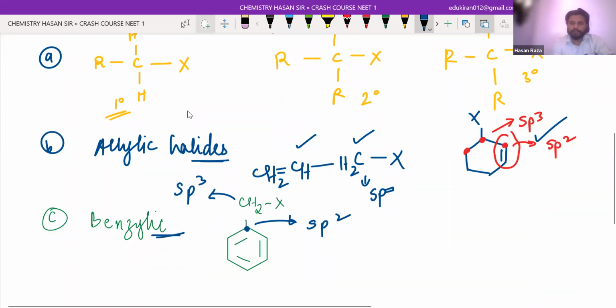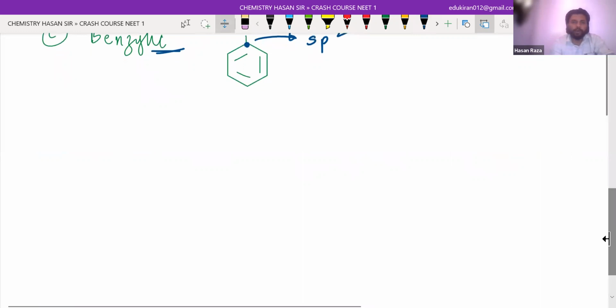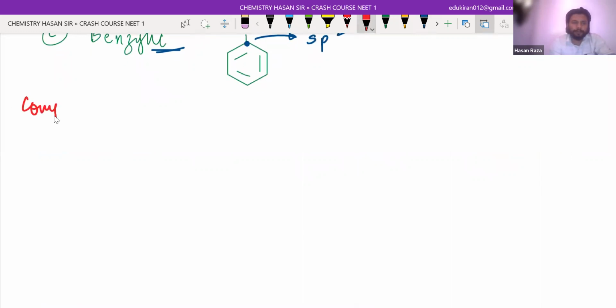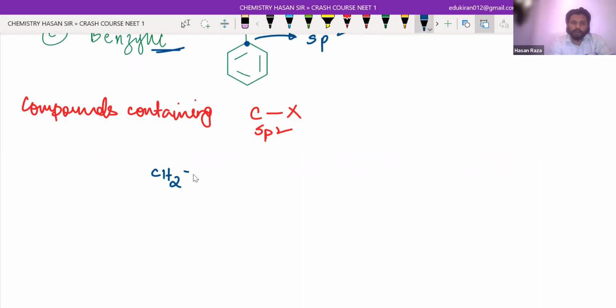Now the next classification is based upon compounds containing C-X, and this should be sp2. Now as you can see, that means the carbon to which X is connected should be sp2.